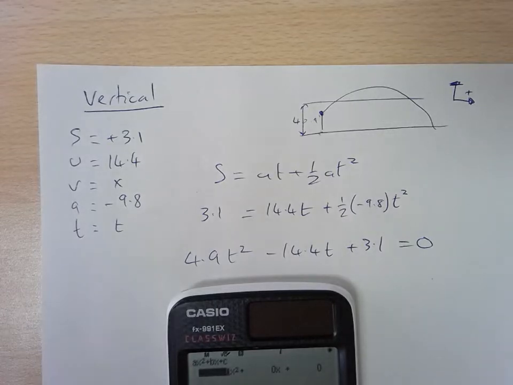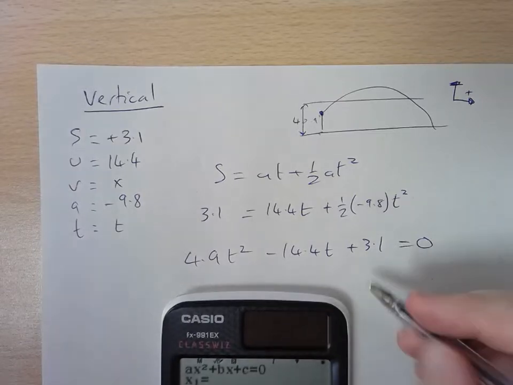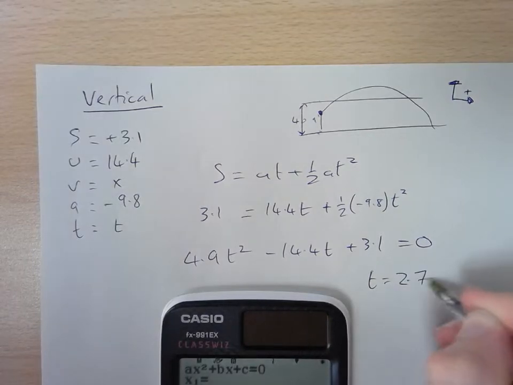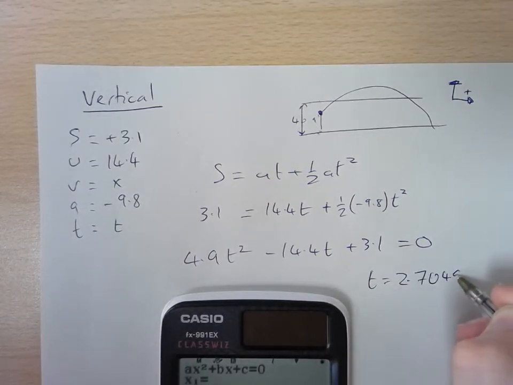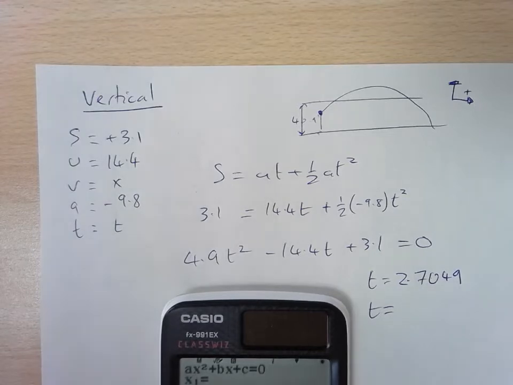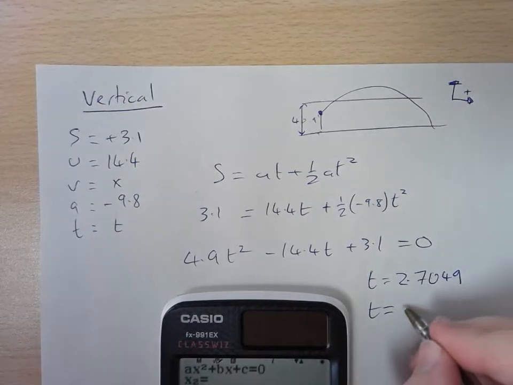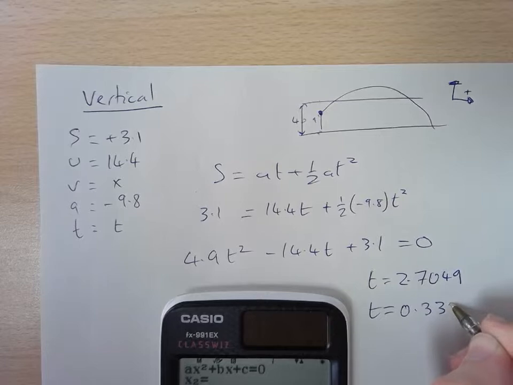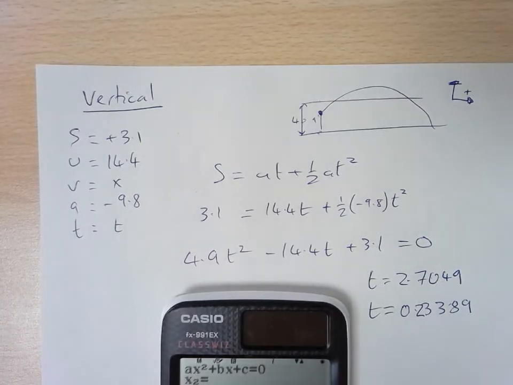So I put in 4.9 equals minus 14.4 equals 3.1 equals, press equals again, I get t equals 2.7049 and t equals, press it again, 0.23389. So here are two times.